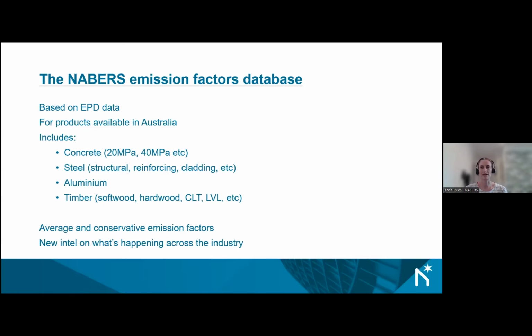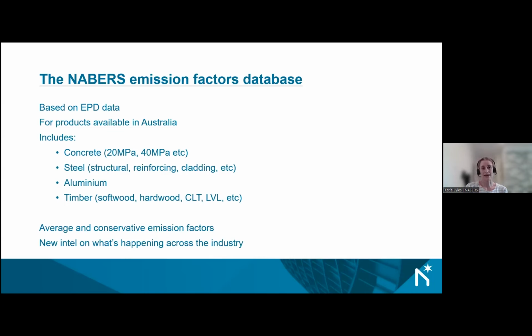Based on all of that data, we're creating both an average and a conservative default emission factor for all of the product types that you might need to use in a NABERS rating. Some examples of those product types are on the screen here. For example, concrete of different strengths, different types of steel, and different types of timber will each have an average and a conservative default emission factor.